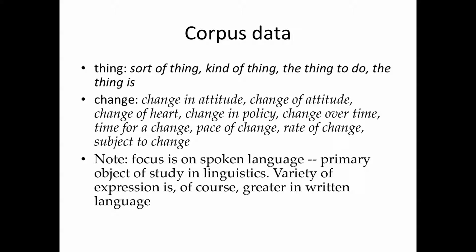So you have to know, subject to change is a good one. You have to learn this stuff as a language learner. Part of knowing the language means knowing these collocations, these phrases.